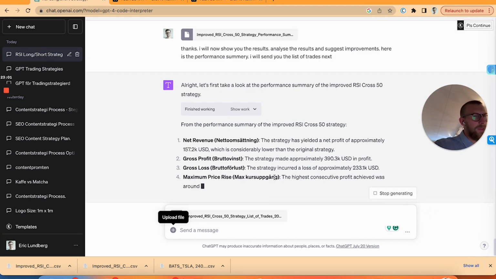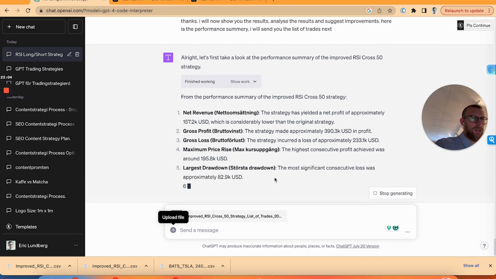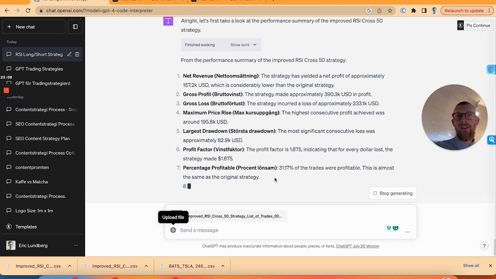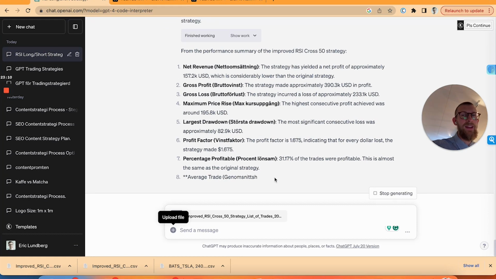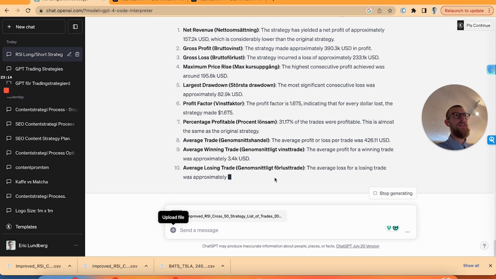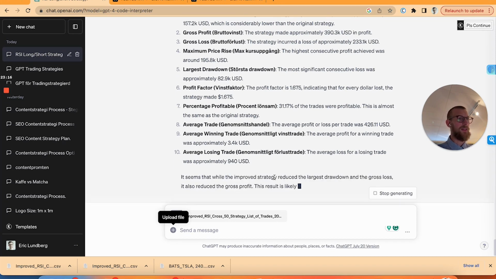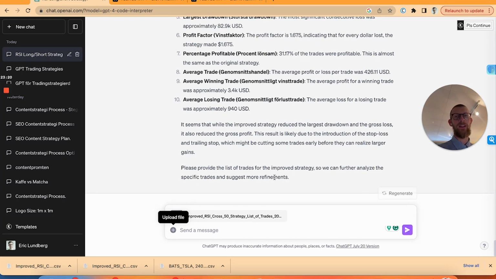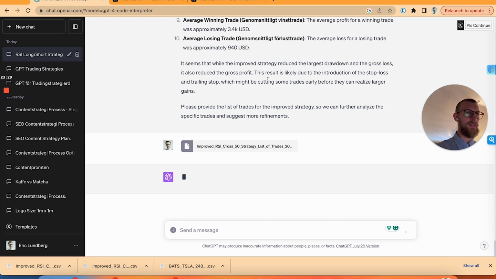Yeah, it was lower than the original strategy. The point is, it had an idea based on insights. It gave a new idea, and now we're trying it out. So just going back and forth like this with AI should make us have a very profitable strategy in the end. All right, the list of trades.